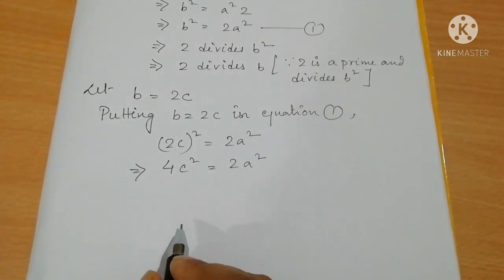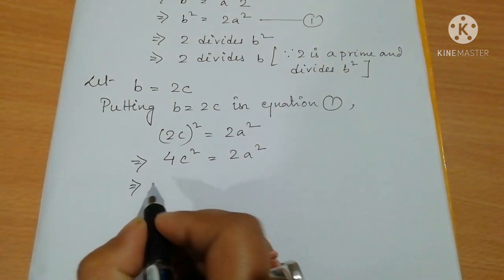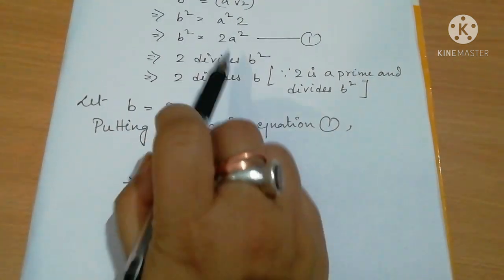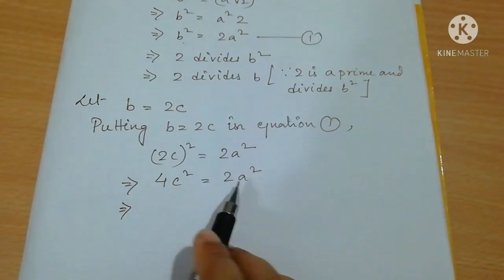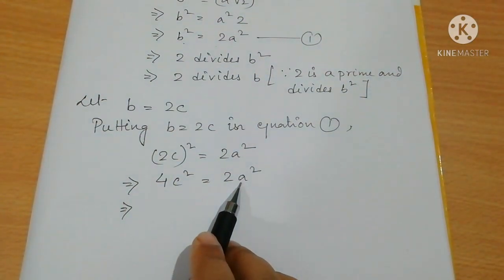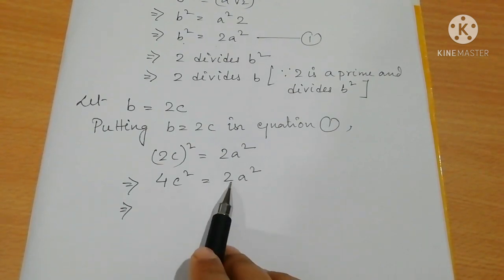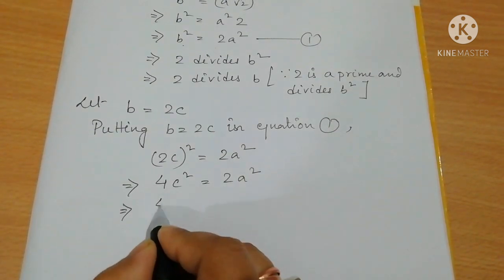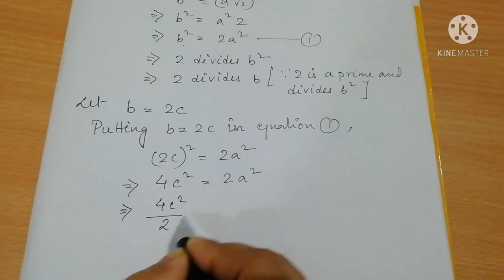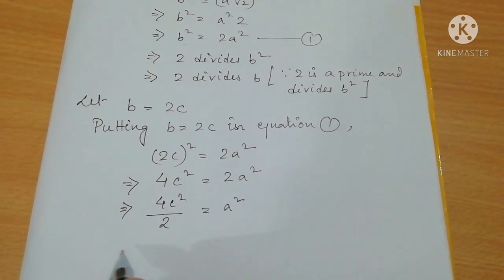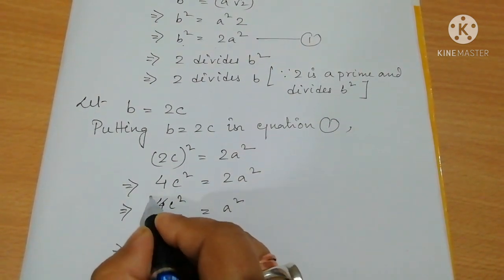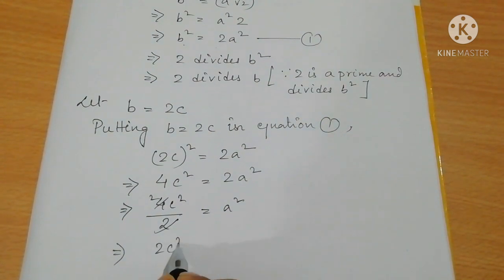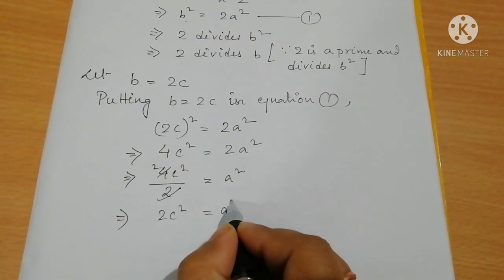So let us see what we get here. The first equation we got b square equal to 2a square. In this case we need to get a square equal to 2c square. So this 2 will come this side, so 4c square by 2 equal to a square. So 2 and 4 will be cancelled. So 2c square equal to a square.